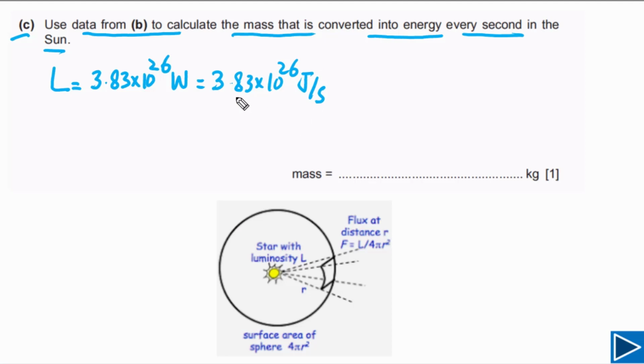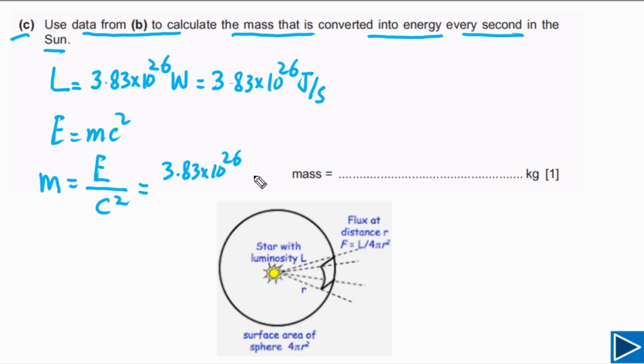Now we need to find the mass converted into energy. So we have to use E equals mc squared. We have energy, and we have to calculate mass. So we will say mass is equal to E over c squared. The value of E is given to us, that is 3.83 times 10 to 26 joules per second, divided by 3.00 times 10 to 8, squared.